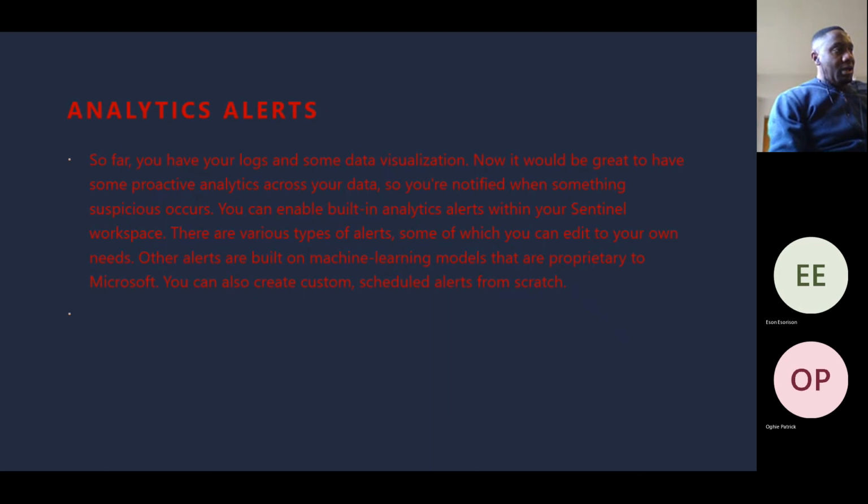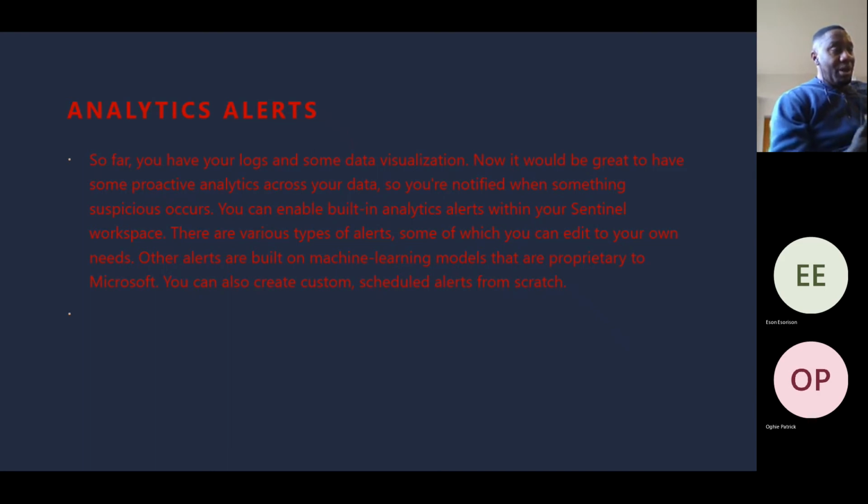So, the analytic alerts. You already have the logs and some data visualizations. Now you will be able to create your own proactive analytics across your data, so you will be notified whenever something suspicious occurs in your Azure environment. You can also enable built-in analytics alerts within your Sentinel workspace.